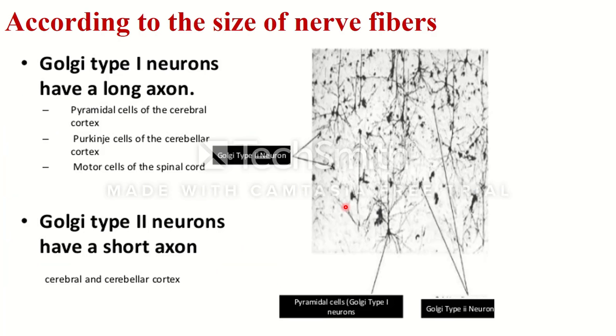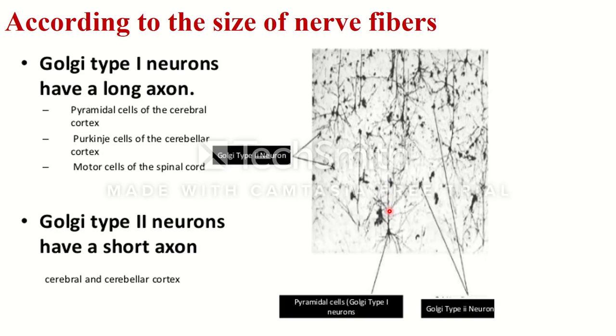And you can see here both types. These are the axons of Golgi type 1 neurons.